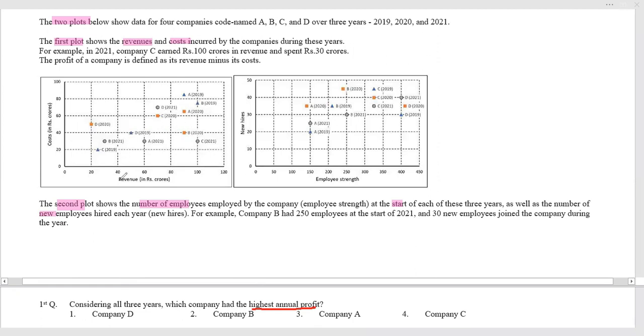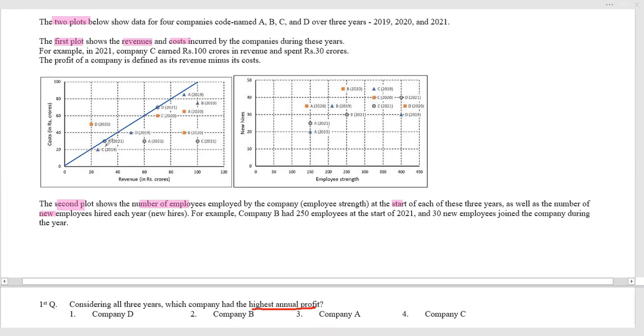Now here one thing that I need to tell you: if I consider the line which passes through 0, let me draw a line in this way. This line we need to draw in our mind, and on every point of it the revenue and cost are the same.